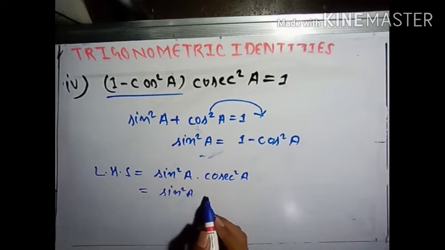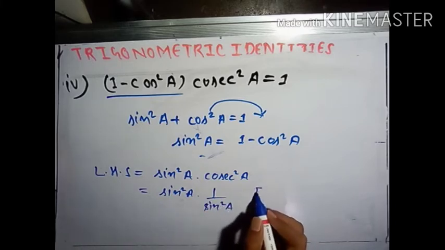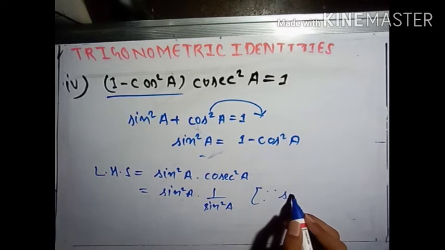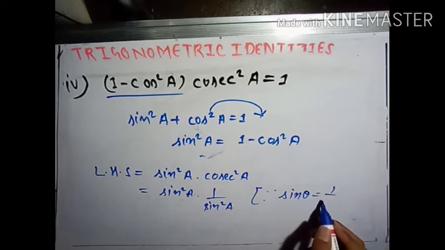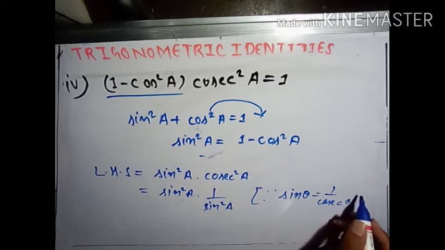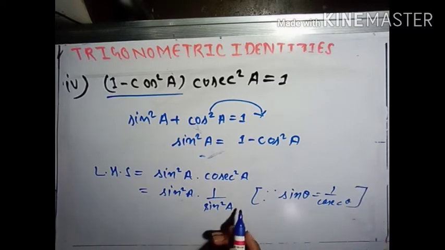Do you know this? 1 upon sine square a. Sine theta is equal to 1 upon cosec theta. Okay, now again they cancel and 1 is equal to RHS, hence proved.